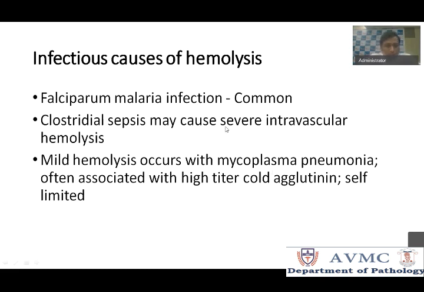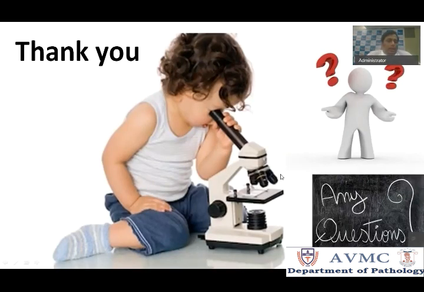So among the infectious causes of hemolysis, please remember falciparum, very important and very common also. Clostridium and mycoplasma are rare, but they can also cause hemolysis. And this hemolysis is basically antibody mediated, or you can say it's a type of autoimmune hemolytic anemia. So with that, I'll conclude.